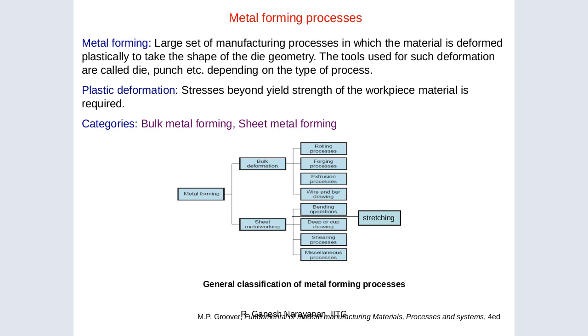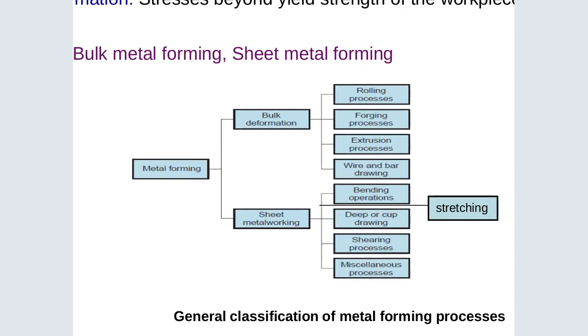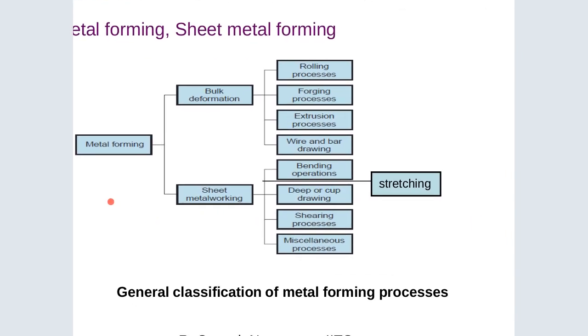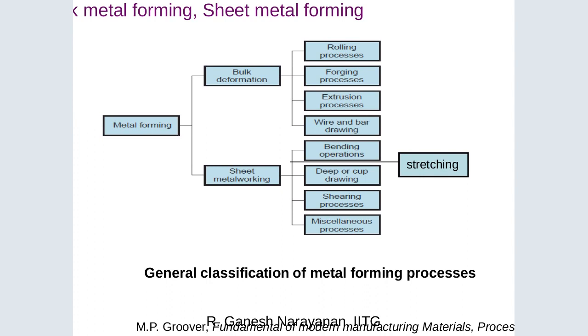Now we have two categories of metal forming process, which is bulk metal forming and sheet metal forming. So I'm going to zoom out this flow diagram so that we can see. In metal forming process, we break it into two. We have the bulk deformation and we have the sheet metal working.